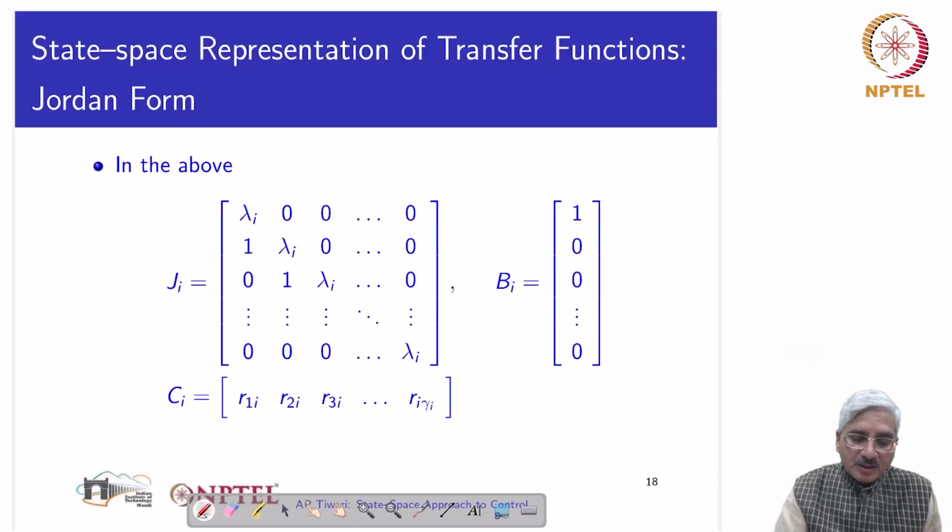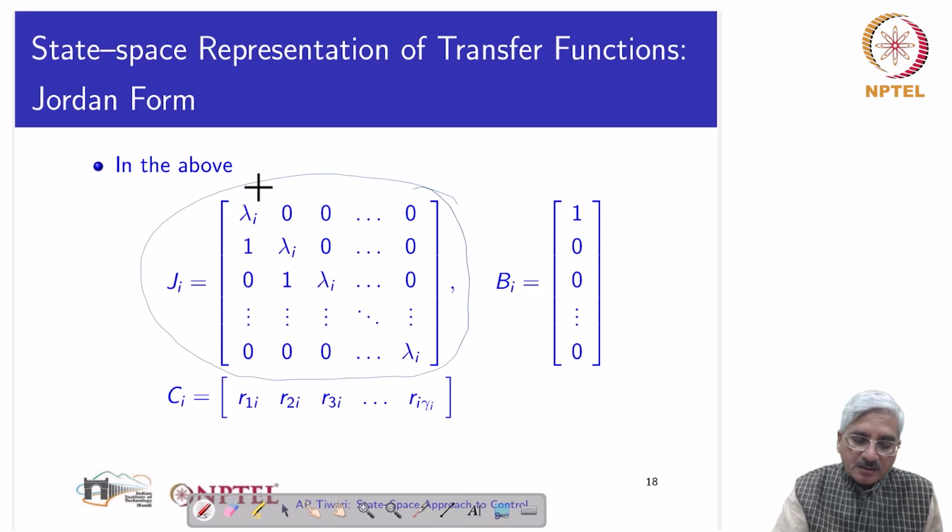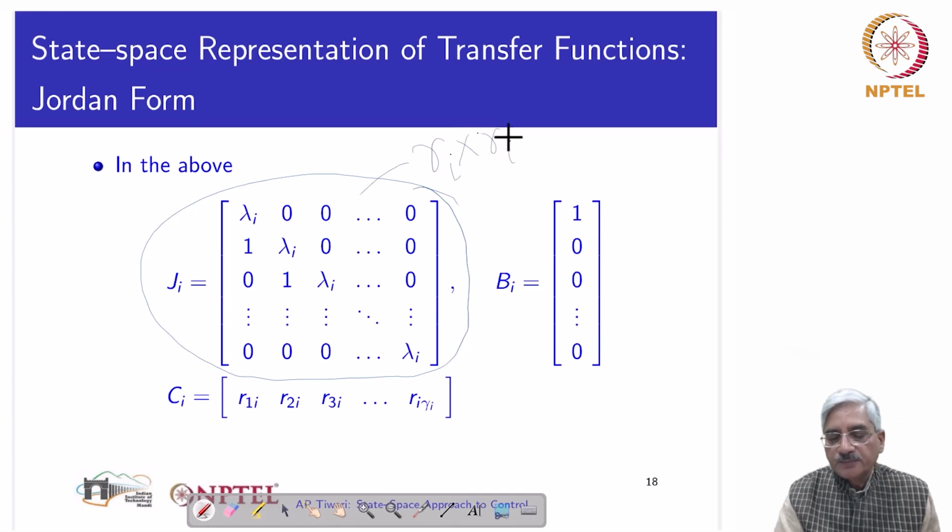Each of them, the Jordan form matrix we saw before, each block is of this form, and the number of rows and columns is exactly equal to the corresponding multiplicity. So there will be a gamma I by gamma I square matrix.